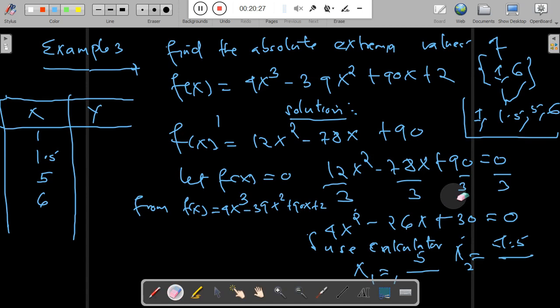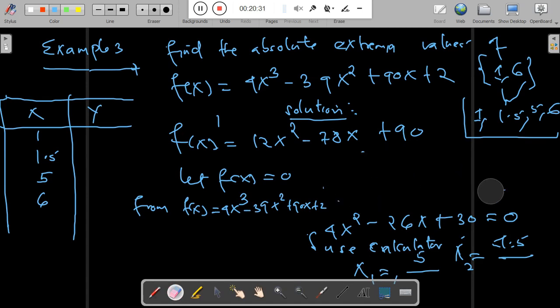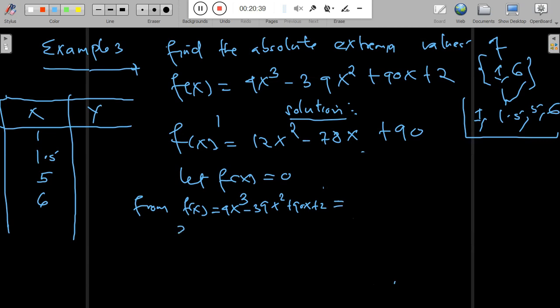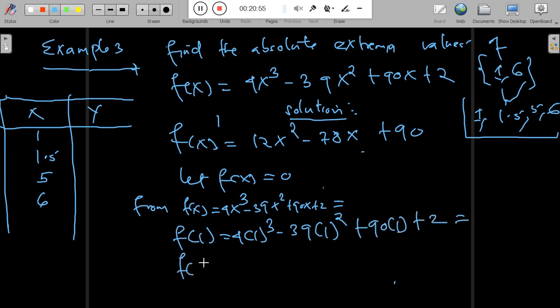So the function of x will be computed by plugging in 1, then at the second time 1.5, then 5 together with 6. When we plug in 1, it will be 4 times 1 raised to the power of 3 minus 39 times 1 raised to the power of 2 plus 90 times 1 plus 2.